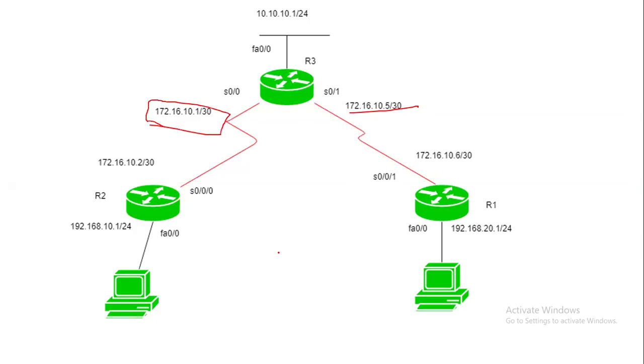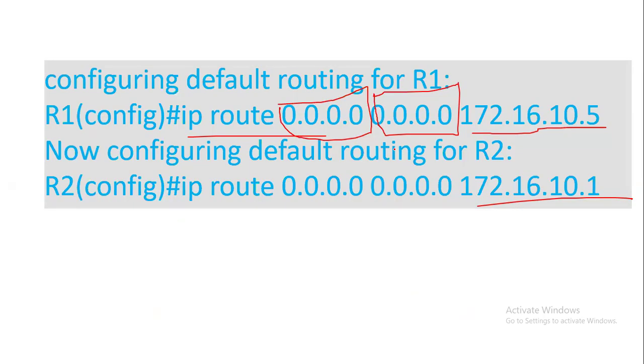So if you don't know the destination, you can simply configure the default route 0.0.0.0 0.0.0.0, using the next hop. That comes under default routing. And if you want to access the internet, default routing will help, and the command you need to use is the same, ip route. But instead of the destination network IP, you will use 0.0.0.0, because you don't know the destination.